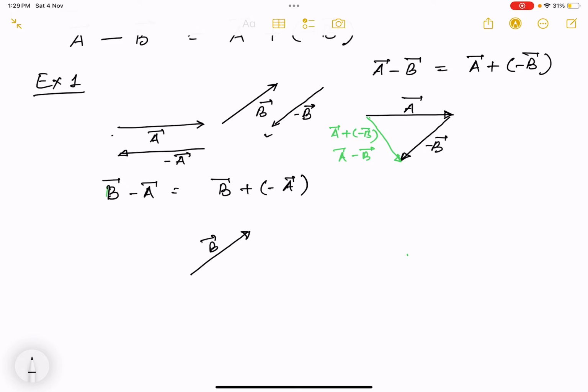You put the tail of minus A on the head of B, like this. So now what is your resultant?